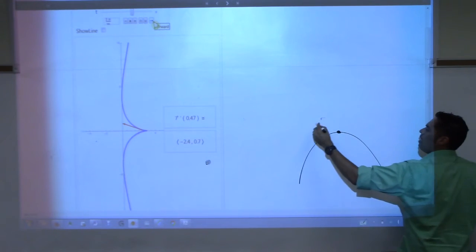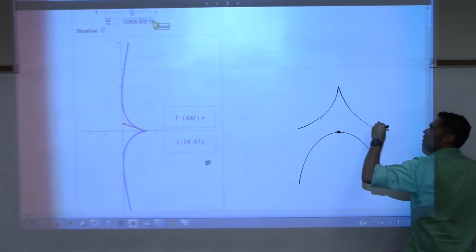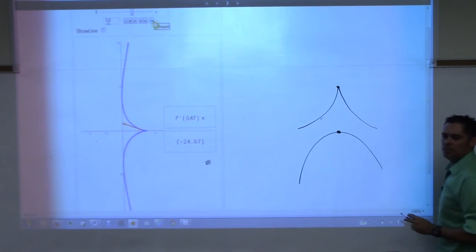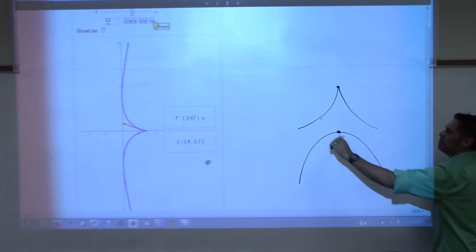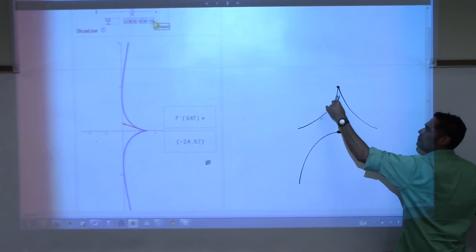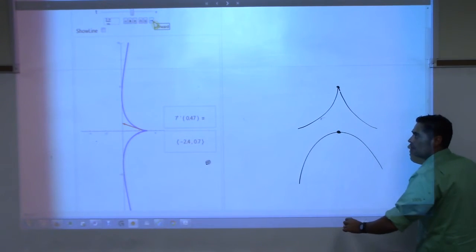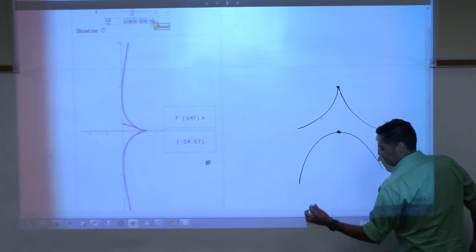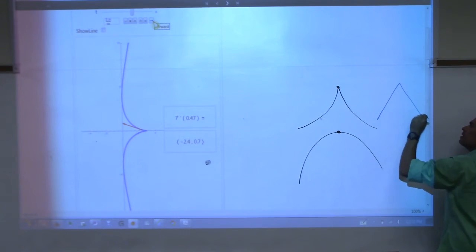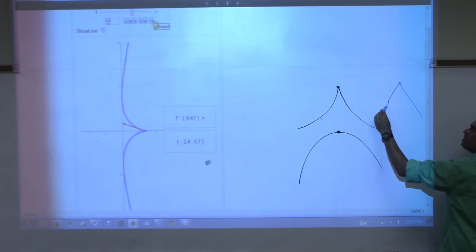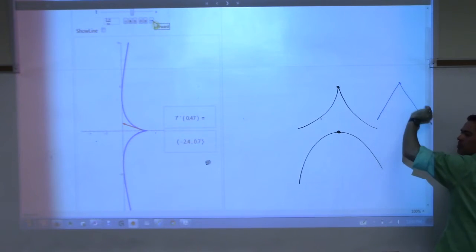Now that happened in Cal 1 sometimes. We had these things called cusps, where your derivative would be positive, positive, positive, and all of a sudden, it flipped to negative, right? It also happened at corners like this. You would have a positive slope, positive slope, positive slope, and all of a sudden, it would jump.